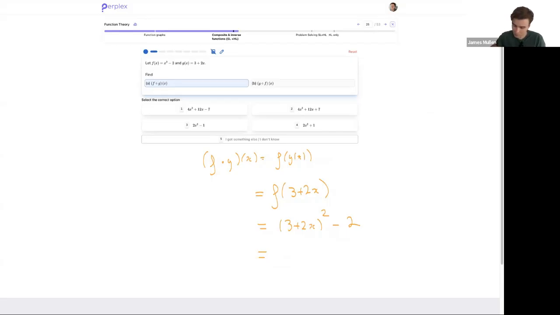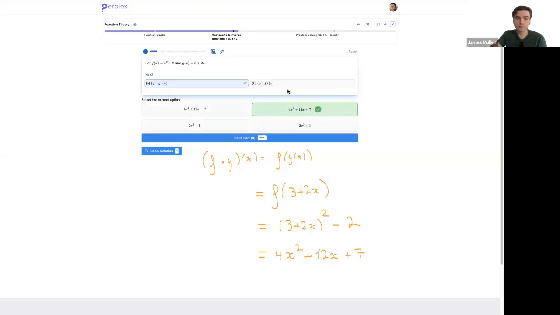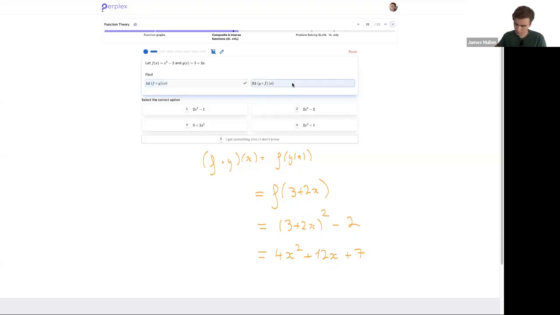The answer probably wants us to expand that, so it's going to become 4x squared. 3 times 2 is 6, and I have 2 of those, so plus 12x plus 9 minus 2. So that's going to be plus 7. Sorry, plus 7, option number 2. And then g of f of x, we're going the other way.